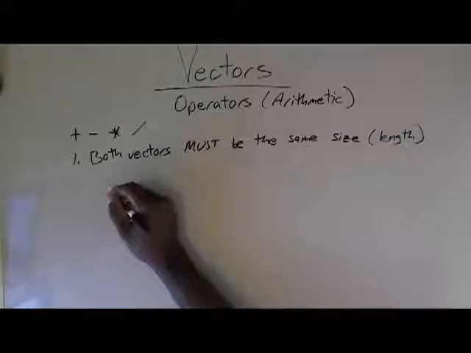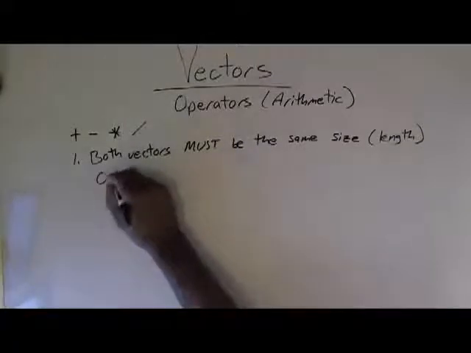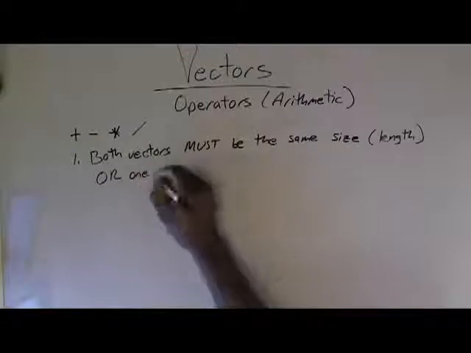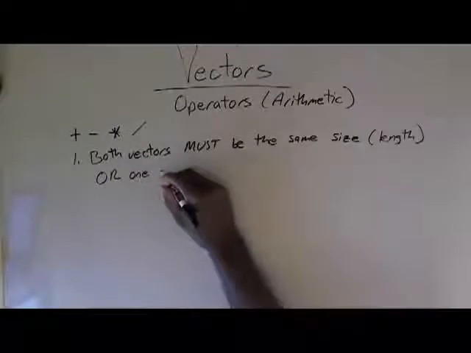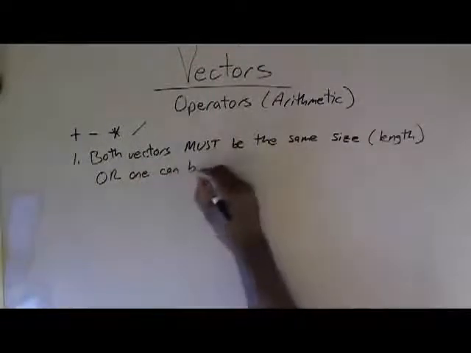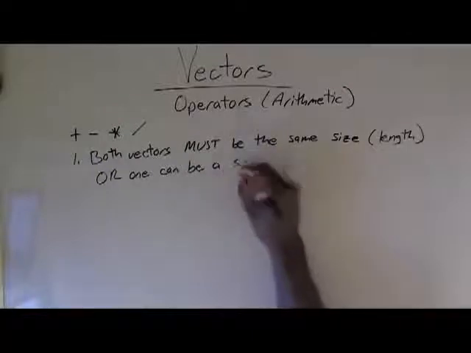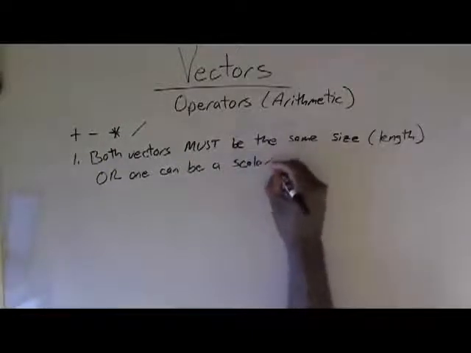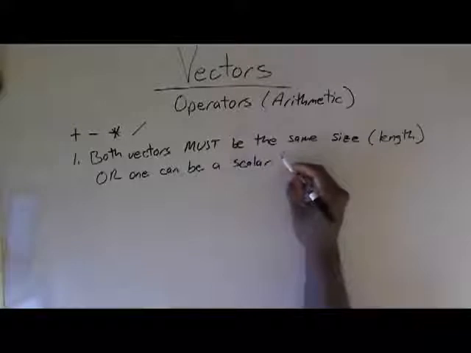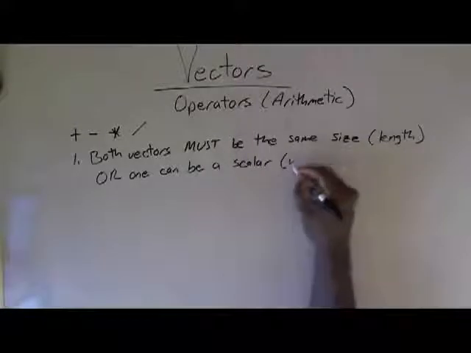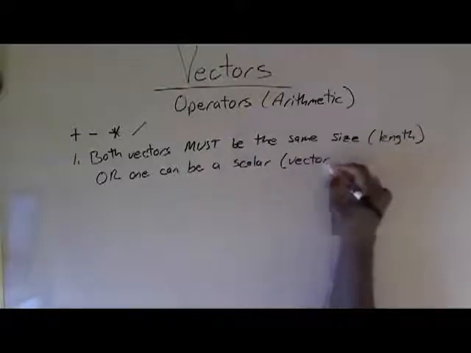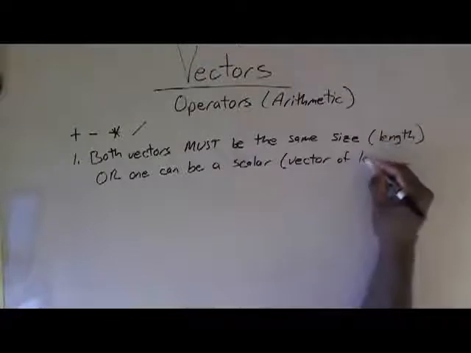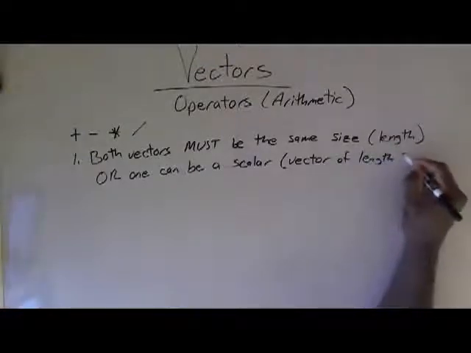Both vectors must be the same length, or one can be a scalar, which we've talked about before, and a scalar is nothing more than a vector of length 1.